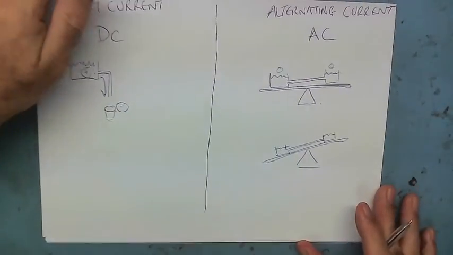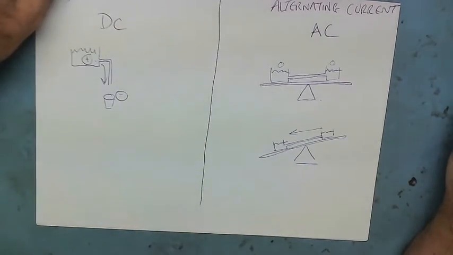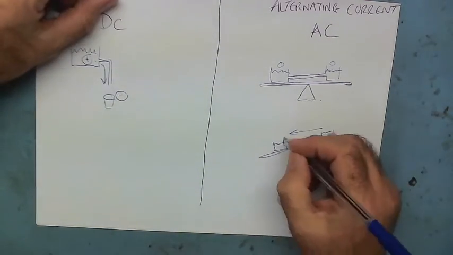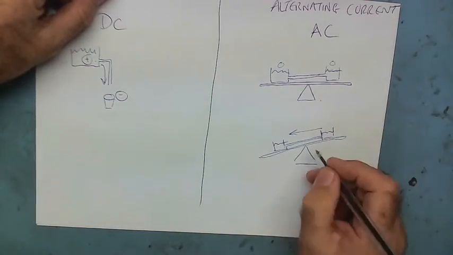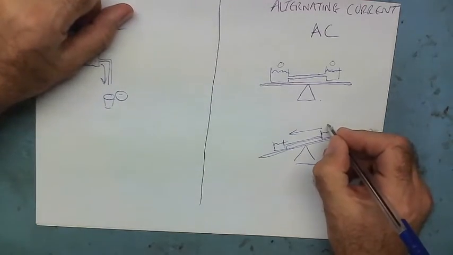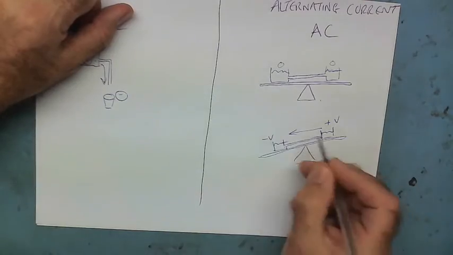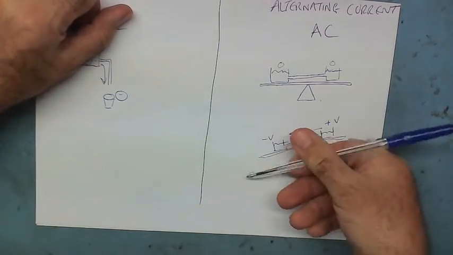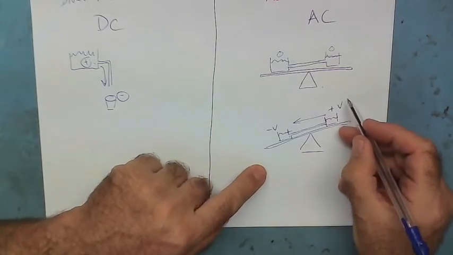I don't need to tell you, because you know what's going to happen. The water's going to go out of this tank into that tank. And if we let it fill up, it'll overflow. But the water, the current, is going to go that way. This is now plus some volts, and this is now minus some volts, because this is below 0 and this is above 0. And the amount of plus would depend on how much you tilted that seesaw.